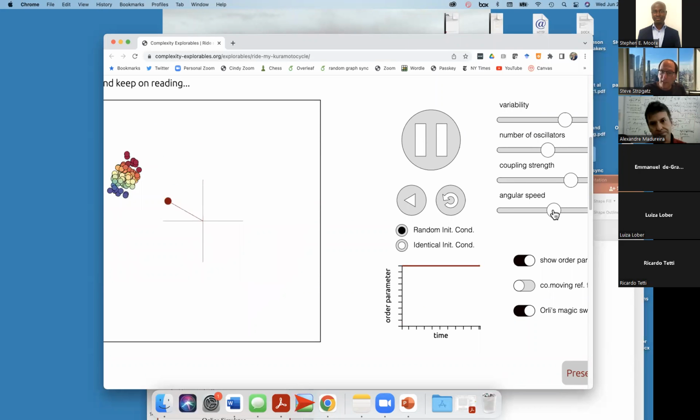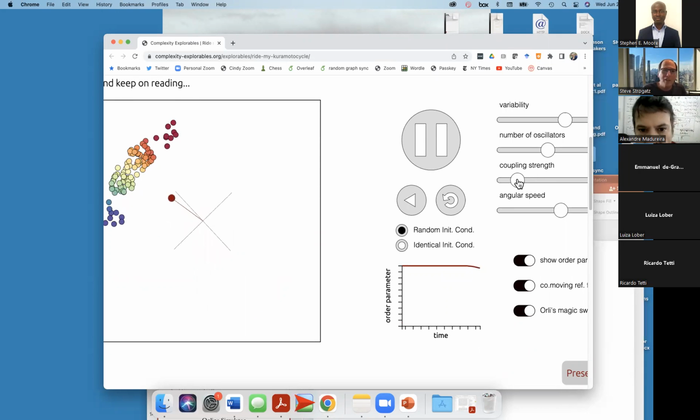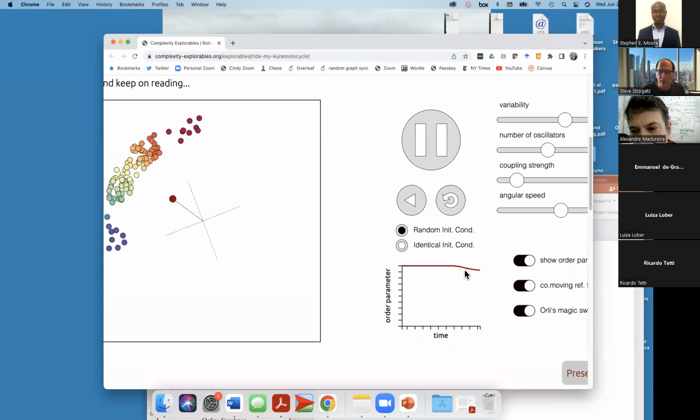If we go to something intermediate, I might as well go back into this co-rotating frame. Then if you're in the rotating frame, the axes look like they're rotating, but the oscillators appear frozen. But if I reduce the coupling strength to where it was interesting, like say down here, you see that the order starts to decrease.